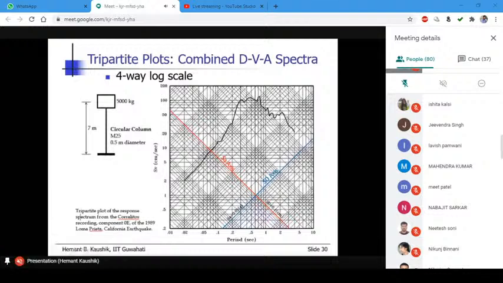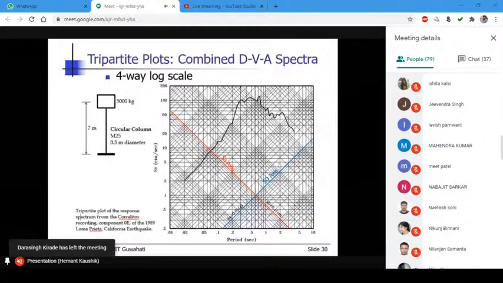So this axis represents 0.1 SD. This will be 0.2 SD, 0.3 SD, this will be 1 SD, this is 2 SD, 3 SD, and so forth. Right, so this is 3 centimeter, this is 1 centimeter, this is 10 centimeters, 100 centimeters.